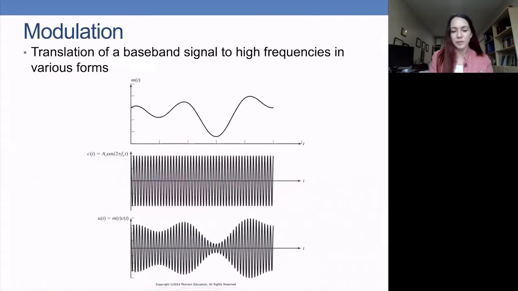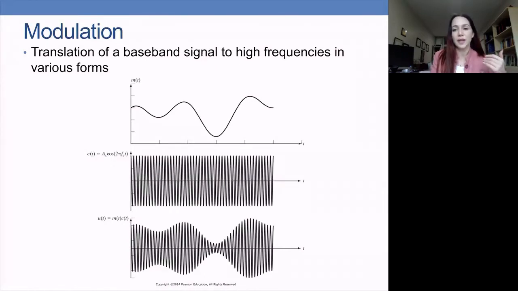Now, what is modulation? I'm sure many of you have an idea, and feel free to stop and interact with me at any time, because that makes the class more interesting when people ask questions or raise comments. Modulation is essentially taking a signal and changing certain properties of it so that we can transmit it.